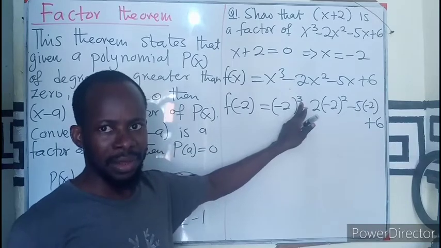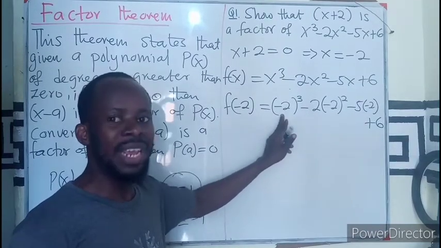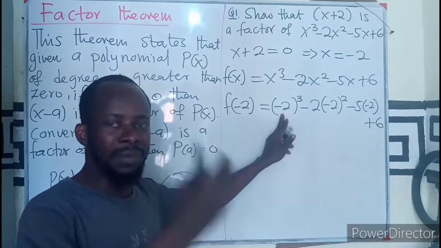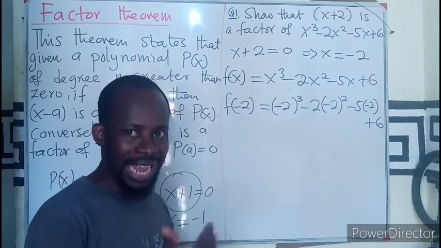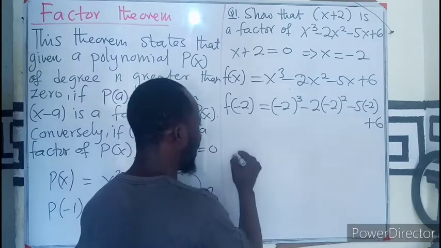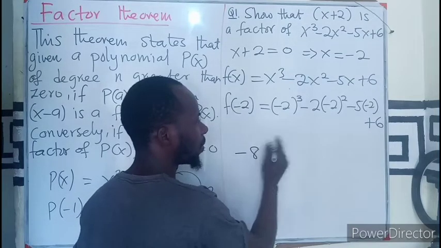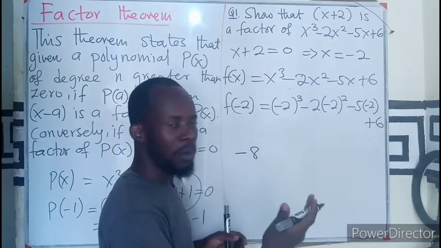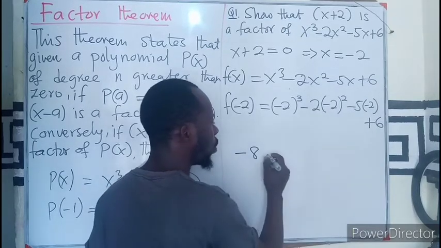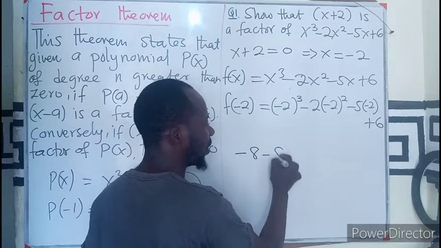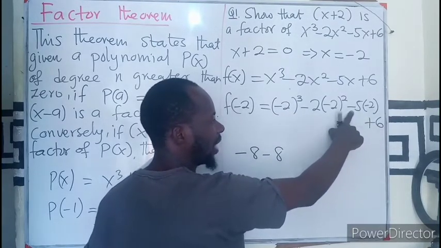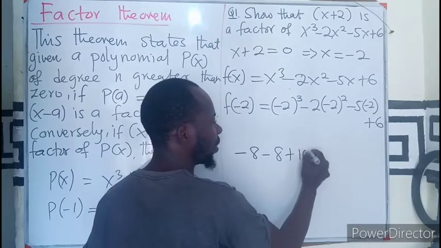A power of 3 means that we are still going to have a negative. -2 times -2 times -2 will give you a negative value, so that will be -8. Then -2 squared will be a positive 4, and positive 4 times 2 will give us positive 8. Then -5 times -2 gives positive 10.